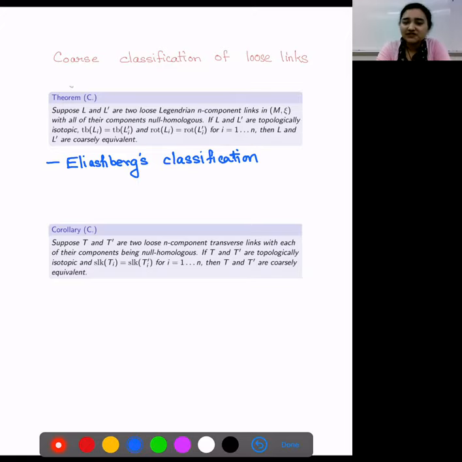And Eliashberg's classification tells us that over-twisted contact structures up to isotopy are nothing but two-plane fields up to homotopy. So combining those two results, if we can match D2 and D3 of the complements, then we are done.